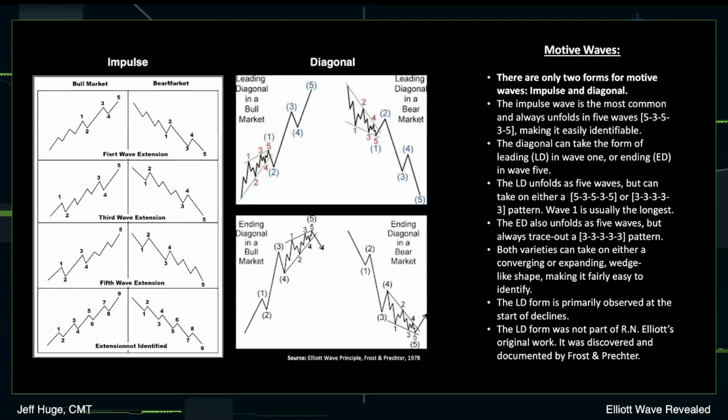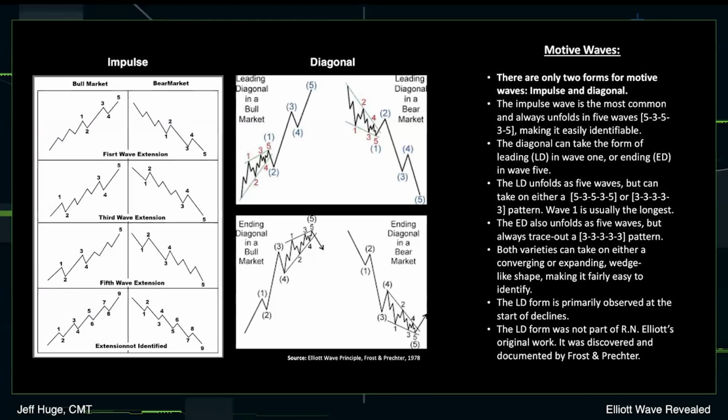And so if we're beginning a new phase and it's a leading diagonal, we need to be prepared for a shorter, truncated version of a first wave. The diagonal in the top frame shows that leading diagonal with a 3-3-3-3-3 pattern.